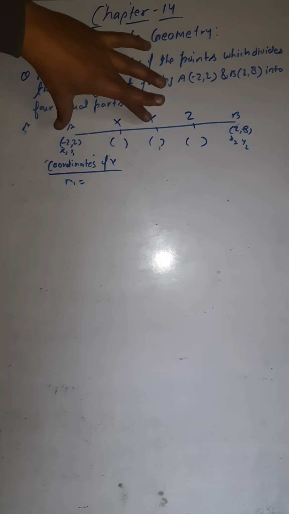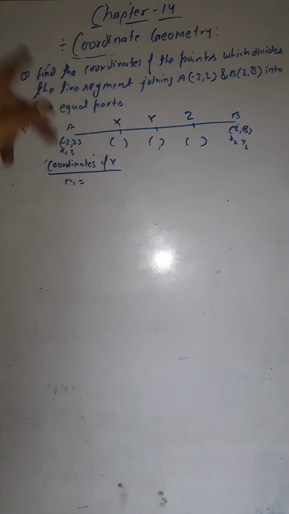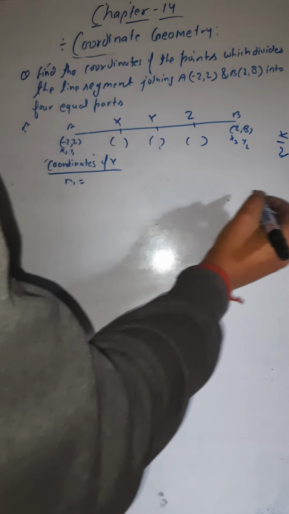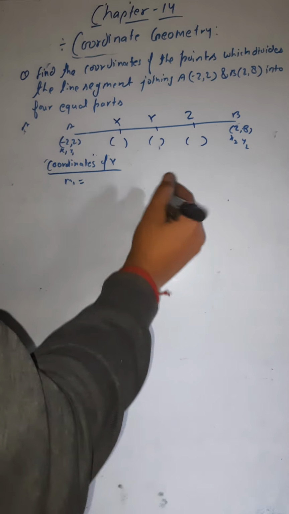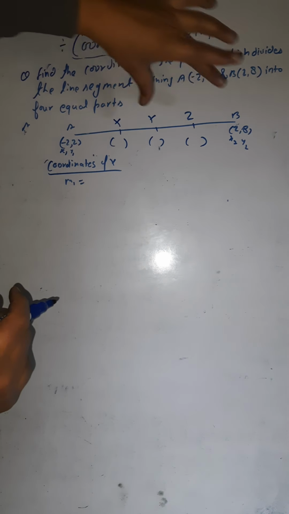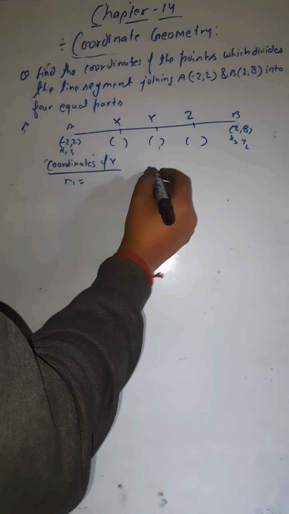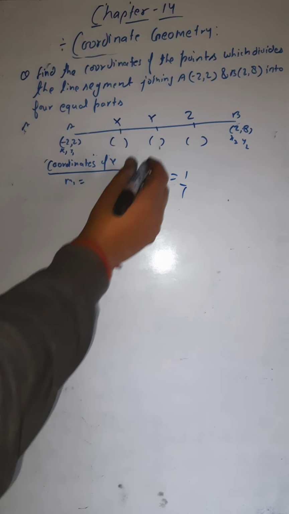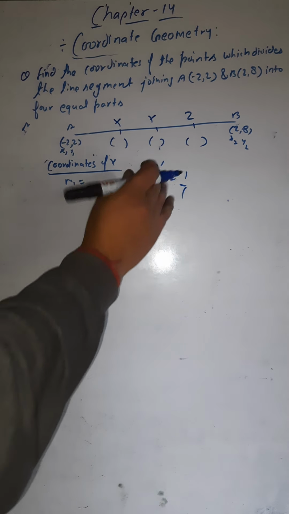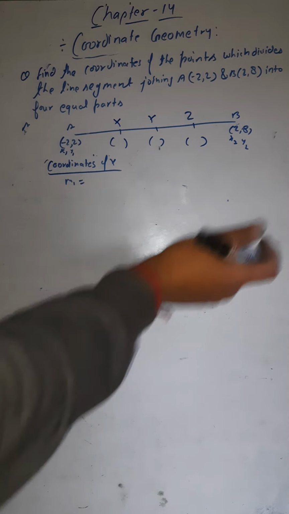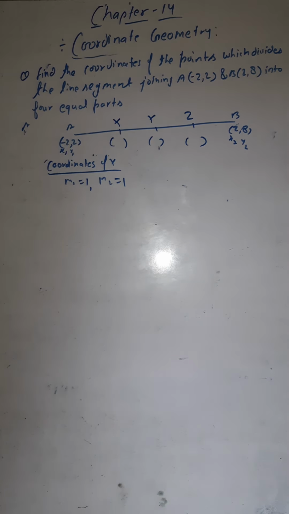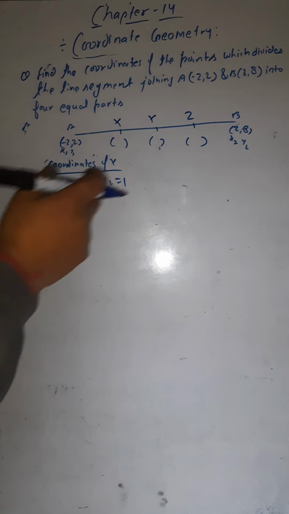If you are taking y, 2 parts here, 2 parts there, means 2 by 2. So 2 by 2 is 1 by 1, since 2 ones are 2. Are you getting it? m1 is 2 and m2 is also 2, so the answer is 1 by 1. You can cut it by 2 now. So that is why the ratio would be 1 is to 1. So m1 is 1 and m2 is also 1. Now you have the ratio 1 is to 1.